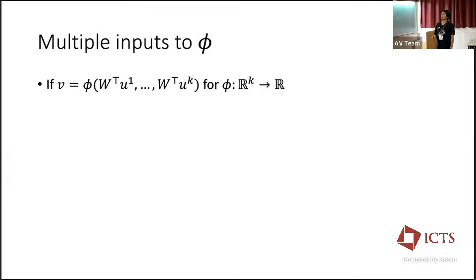Right, so earlier we just had one input to feed. Now let's consider K inputs. Right, V is like this. Okay, what do you think is going to happen?